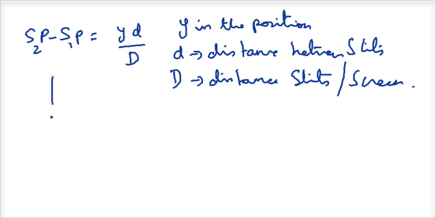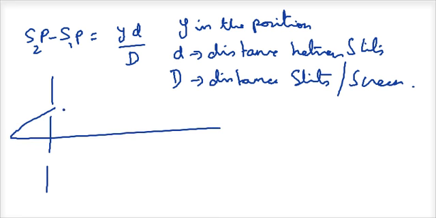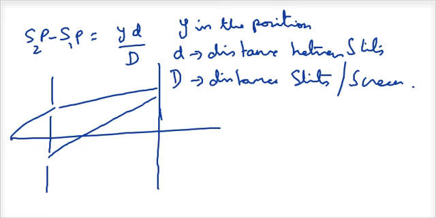So suppose I have my diagram again, I'll draw the same thing again. So light goes from here, light goes from here. This is the screen, light goes from here. Now these two waves interfere at this point, and this distance is y.